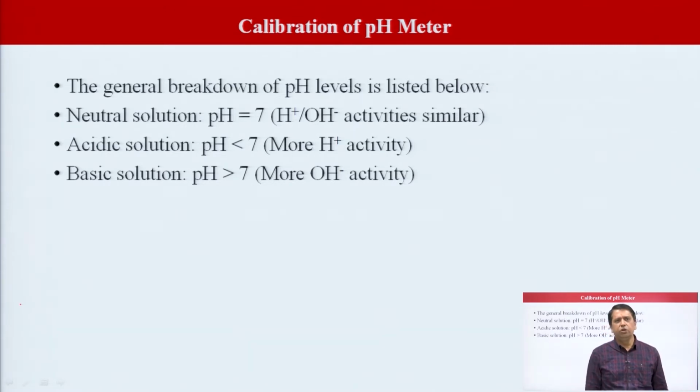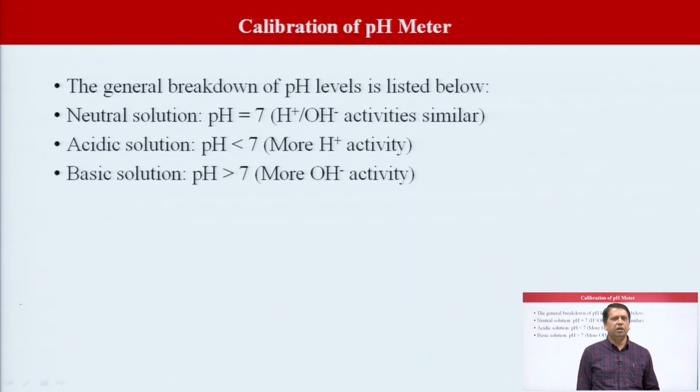In the case of a neutral solution, pH is equal to 7, and that simply means the hydrogen ion as well as hydroxyl ion activities are similar, and that is why the pH is 7. And in the case of an acidic solution, the pH will be less than 7, that means there is more hydrogen ion activity, or there is a higher concentration of protons.